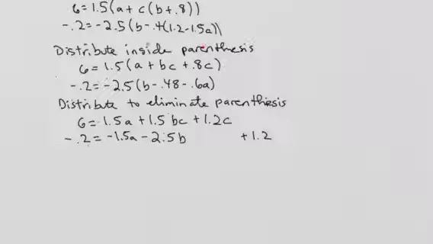Those are our initial equations that we were given, and we were told no solutions. No solutions to a system of equations means we have parallel lines, and that means that the slopes have to be the same.